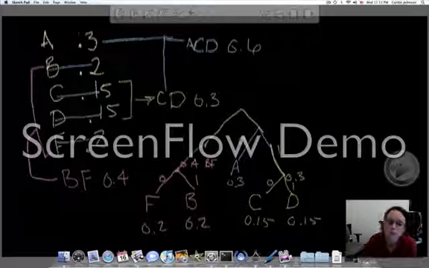So if we go back and ask, how do we make an A in this new Huffman encoding of ours? Well, this is a 0, this side's a 1, so it'll be 1, 0. How do we make a B? 0, 1.